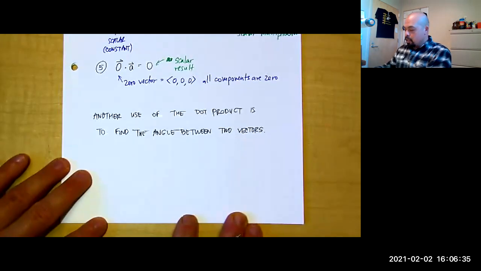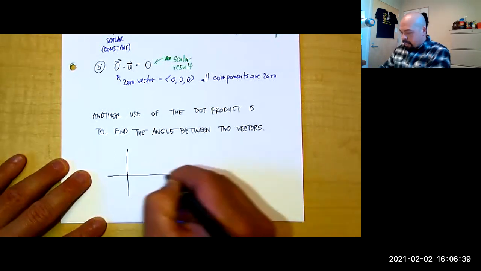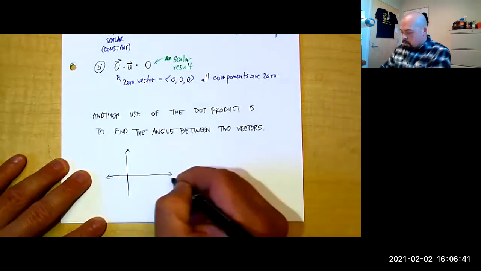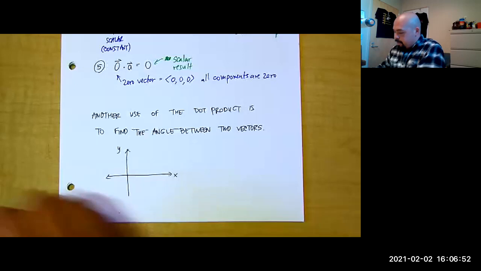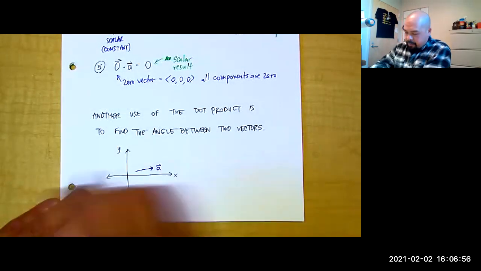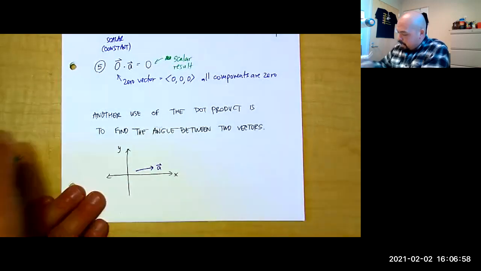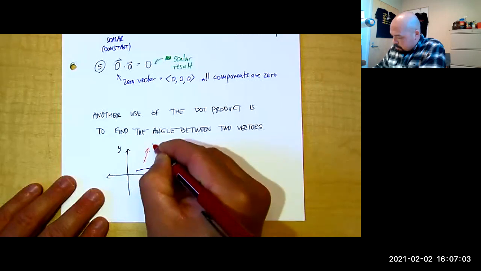Okay, slide this up. So again, this can be in 2 space or 3 space. I'll do it in 2 dimensions just to make the visualization a little bit easier. Suppose we had 2 vectors, vector A and vector B. Let's just put them like so.